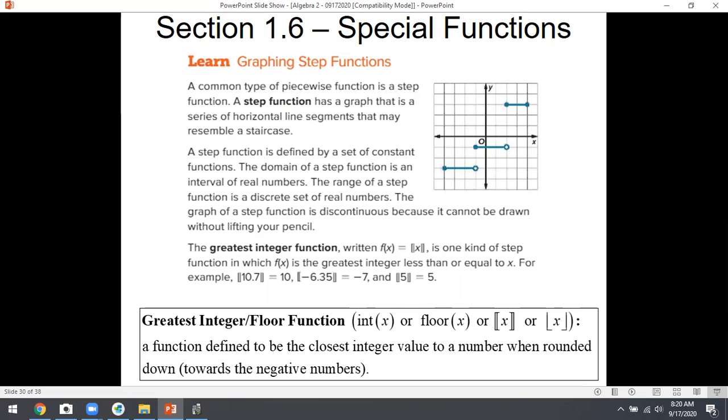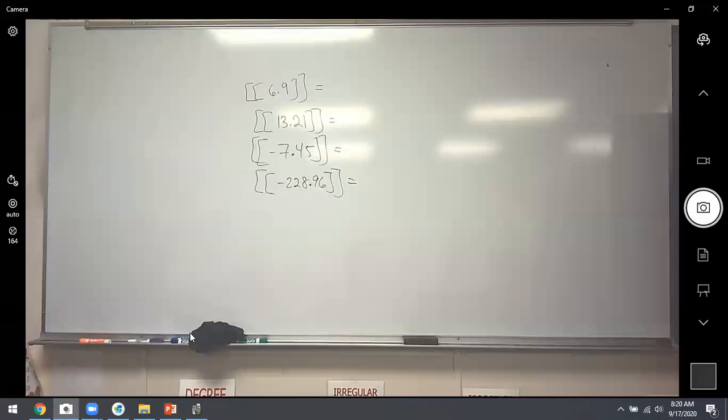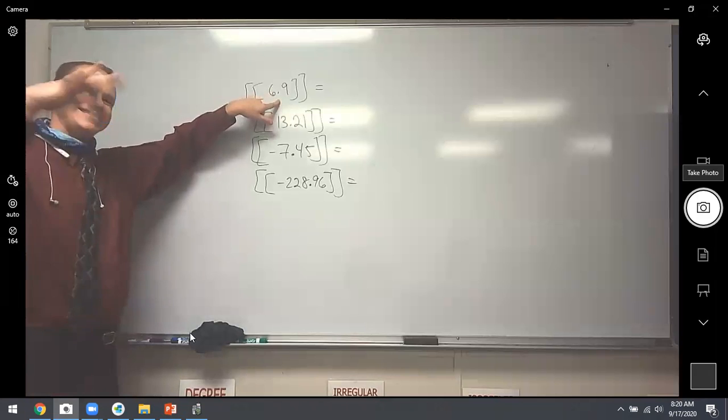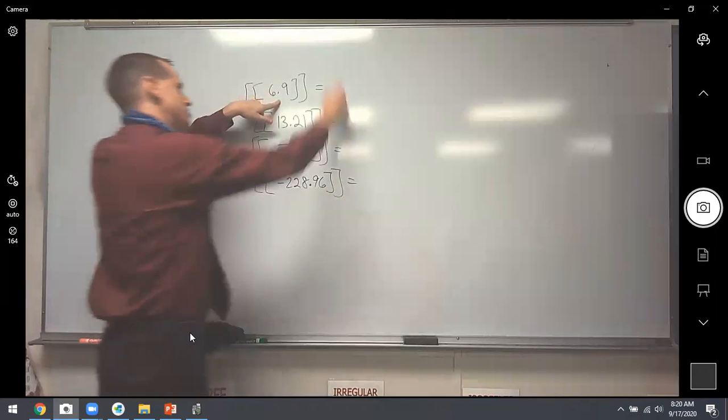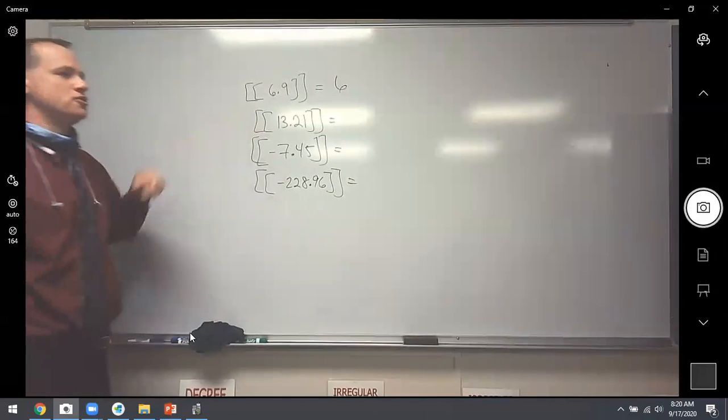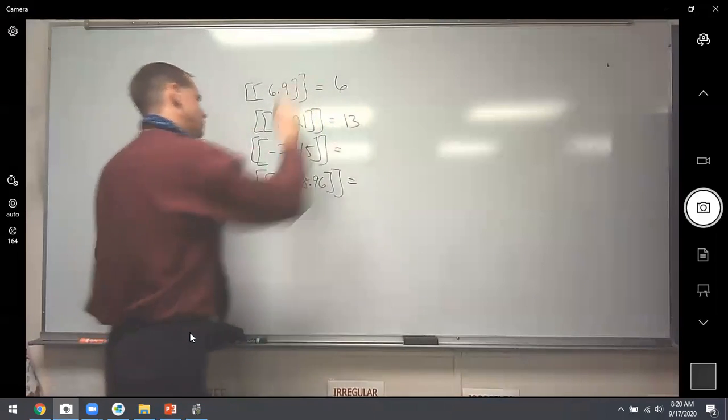That's all this means. Round down. Round down. And down means to the left, basically. Okay, so on the board, got a bunch of examples. Nothing too complicated. Humor me, 6.9 rounded down would be 6. So this function would give you out 6. 13.21 rounded down would be 13.